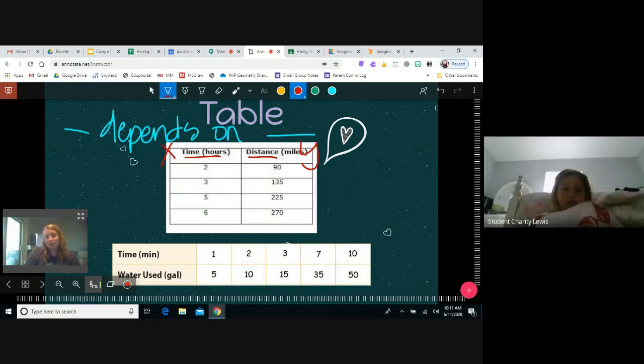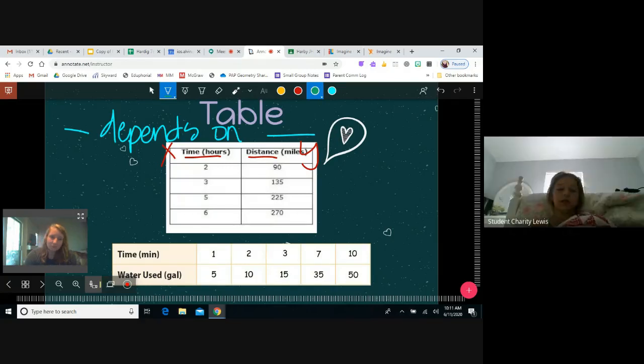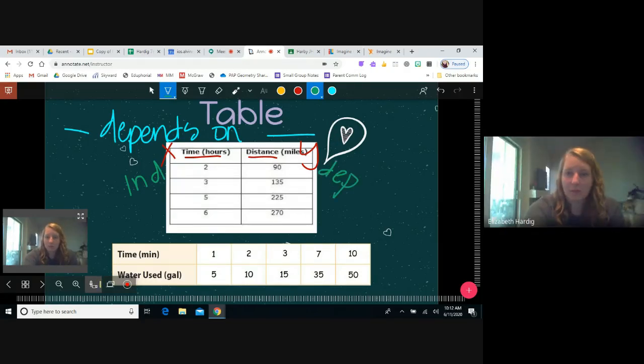So then now knowing that, which one is our independent variable? The hours, because X is always our independent, which would make our distance our dependent.